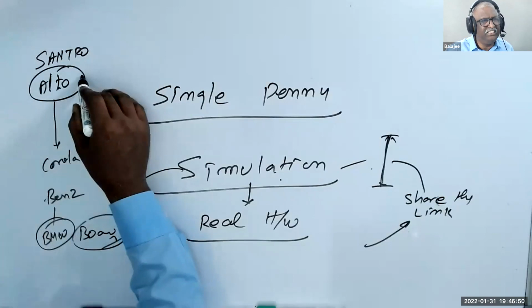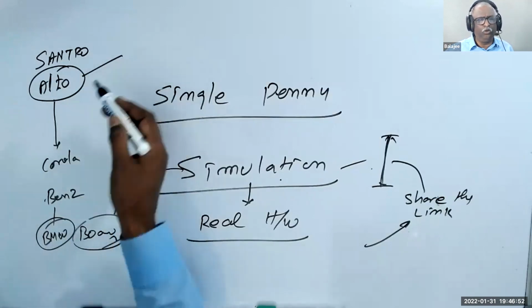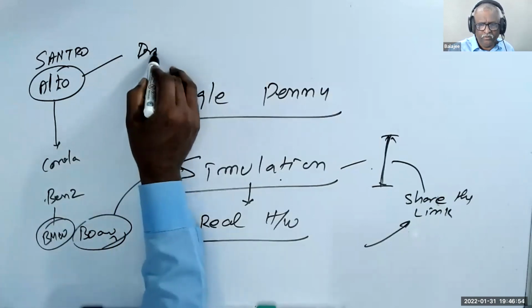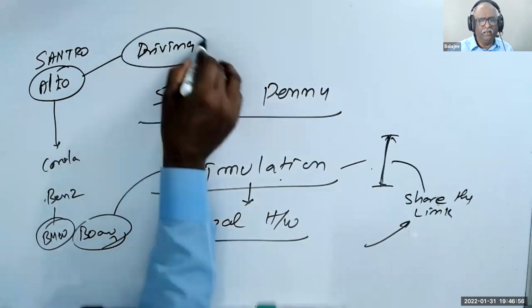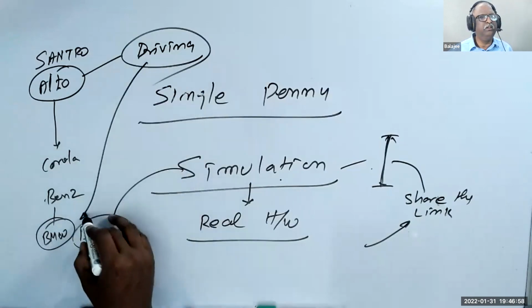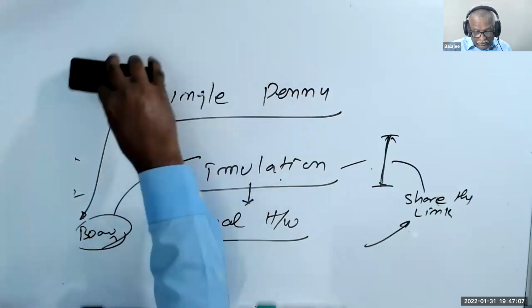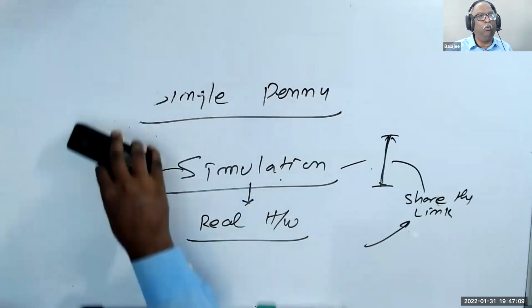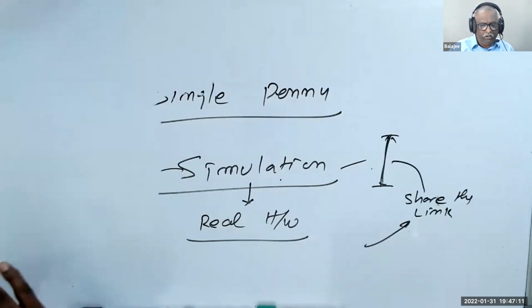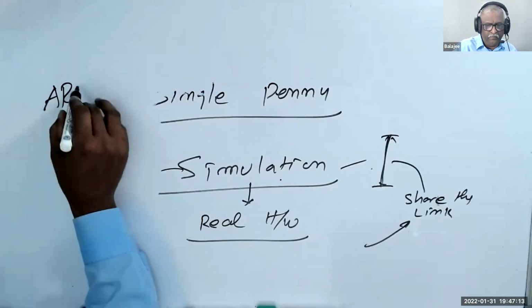Because it is very simple, nothing is there. You need to learn driving, but that driving and this driving are the same. If you learn on an Alto for over one year, then you can ride a BMW so easily. There's no difference, all have the same thing. The same is true here. I'm not saying don't start with ARM, please understand.